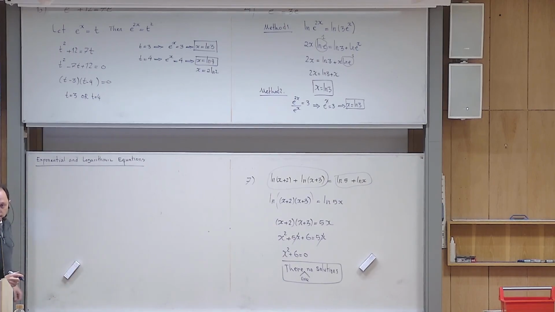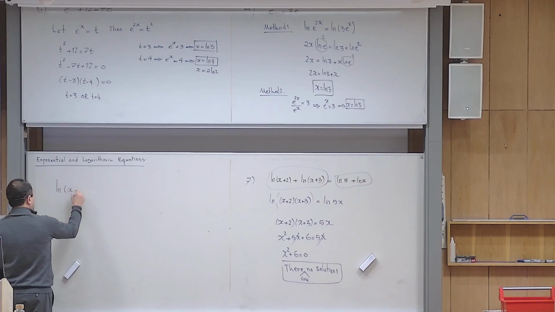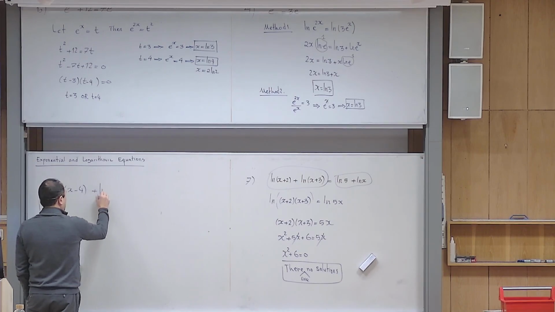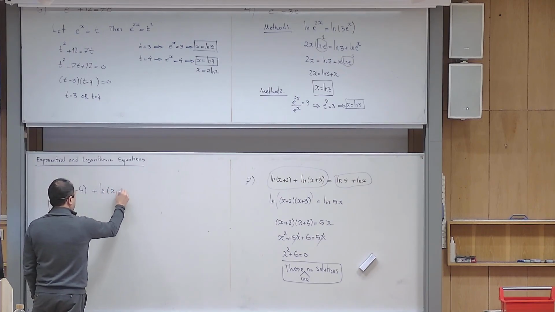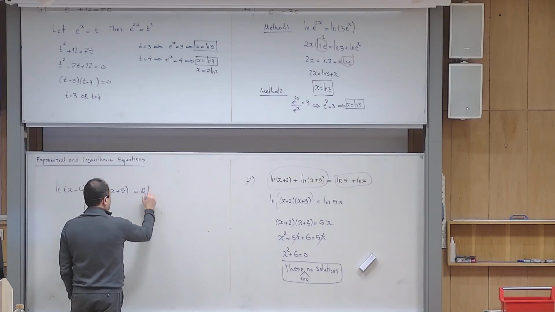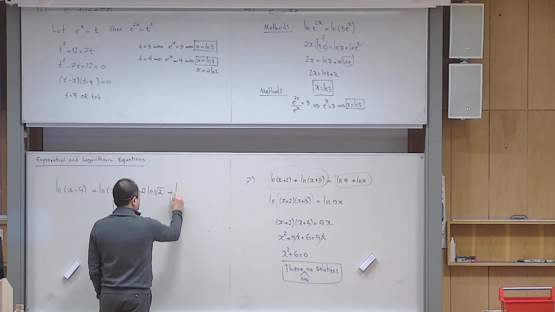The equation is this: ln of (x minus 4), plus ln of (x plus 5), is equal to 2 ln of the square root of 2, plus ln of (1 minus 4x).